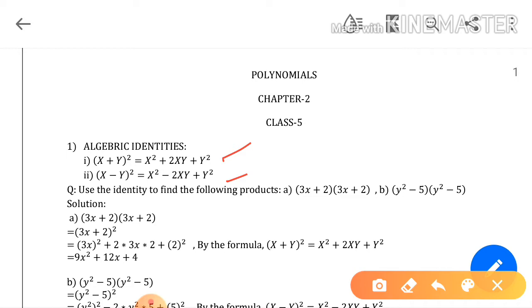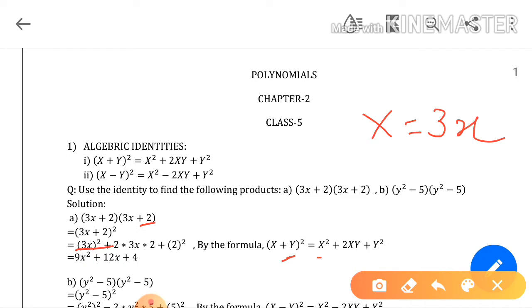First question: use the identity to find the following product: (3x + 2) into (3x + 2). We can write it as (3x + 2) whole square. Then by this formula we can write (3x) whole square plus 2 into 3x into 2 plus 2 square.